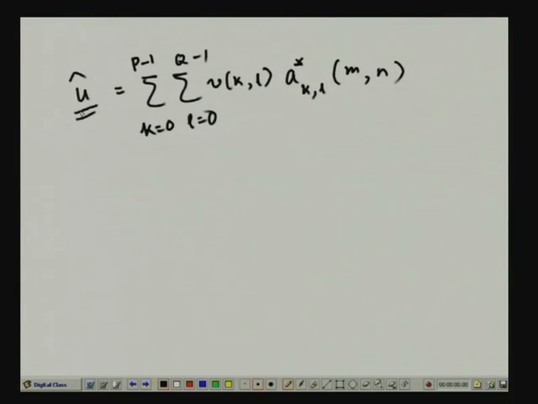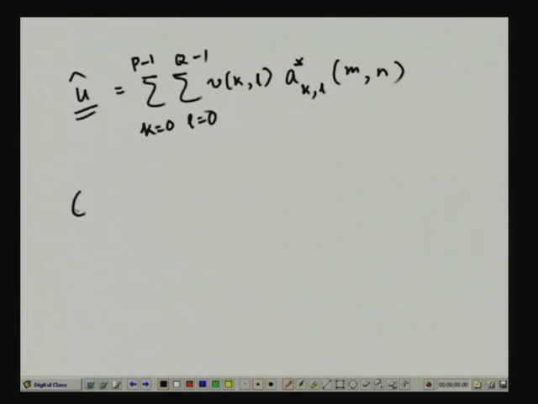Obviously, this u hat is not the exact image, it is an approximate image, because I did not consider all the coefficient values. The sum of squared error will be given by epsilon square equal to the summation over m, n varying from 0 to n minus 1 of the square of u m n, that is the original image, minus u hat m n, which is the approximate reconstructed image.